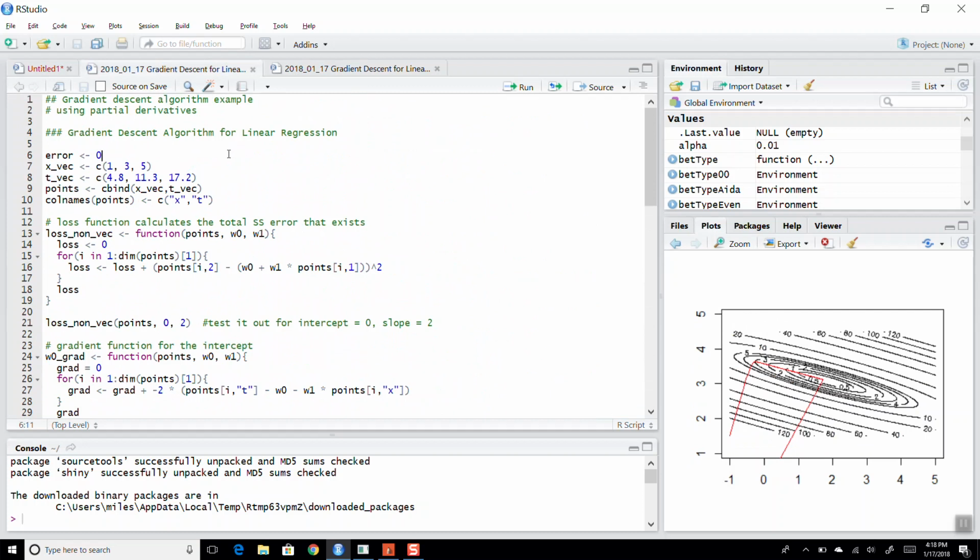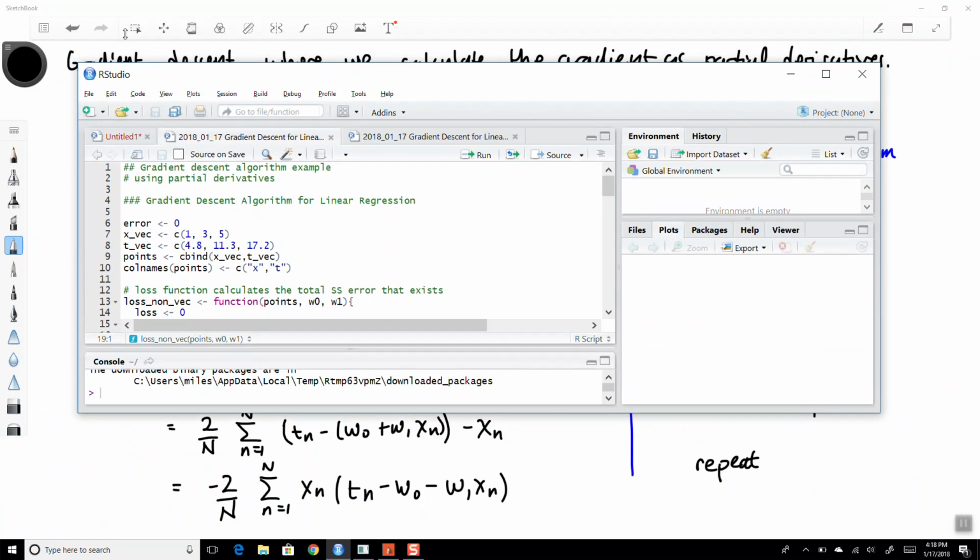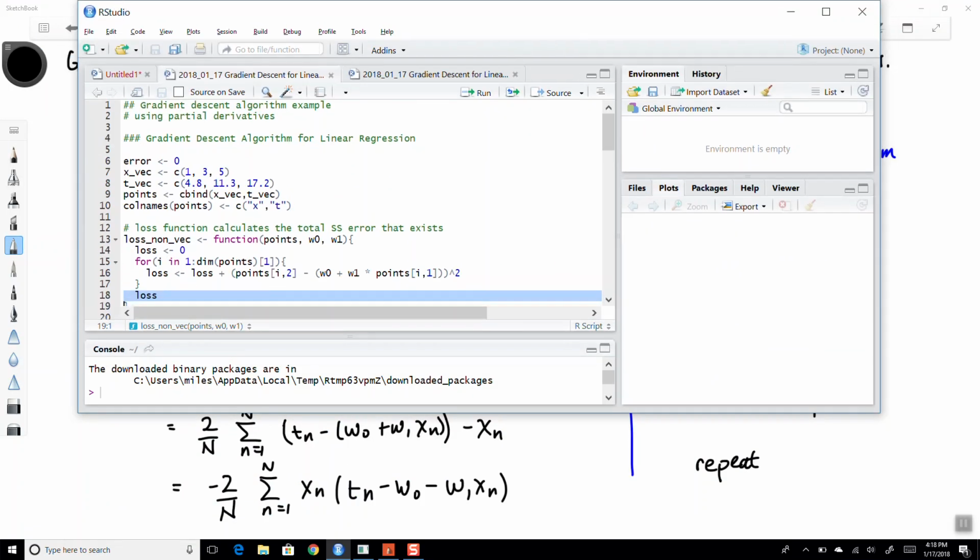Okay, so here I'm going to just use a very small I've got to resize my window. Yes, question.